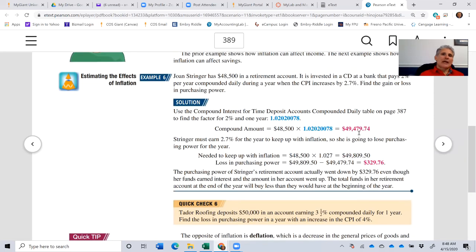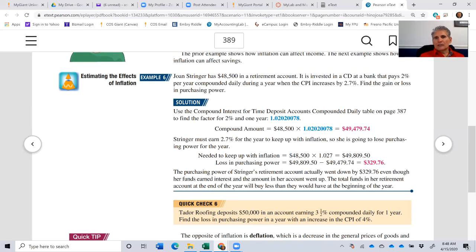Joan Stringer has $48,500 in a retirement account. It is invested in a CD at a bank that pays 2% per year, compounded daily during a year when the CPI increases 2.7%. Find the gain or loss in purchasing power.